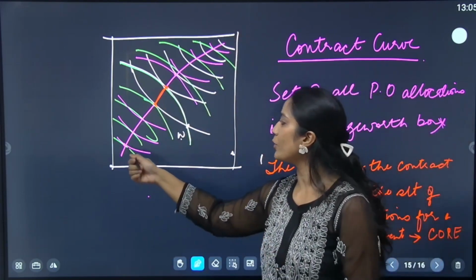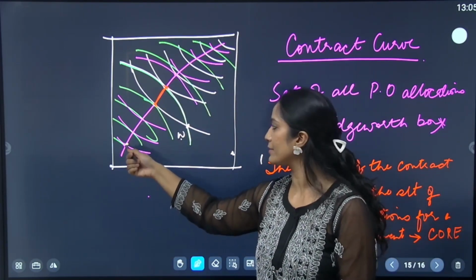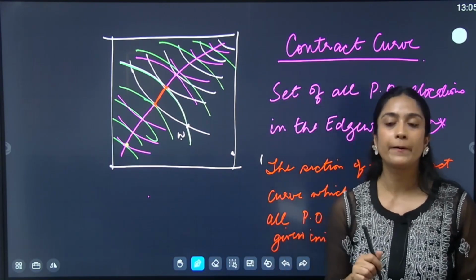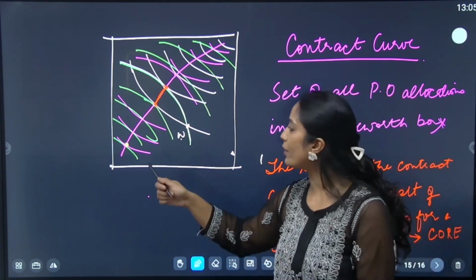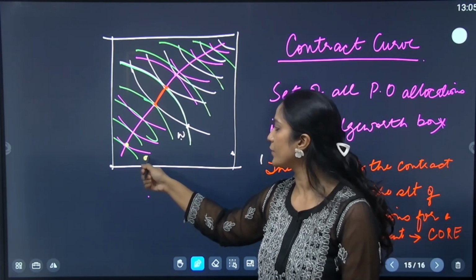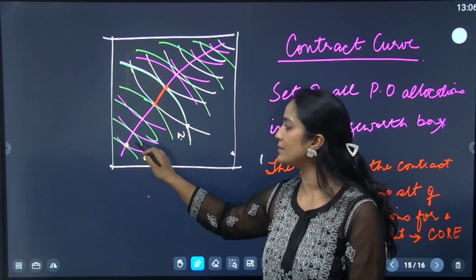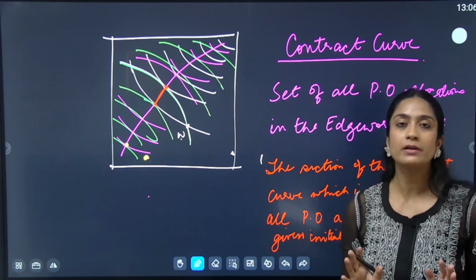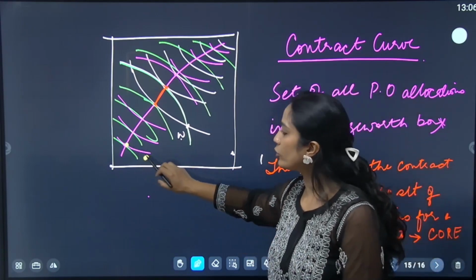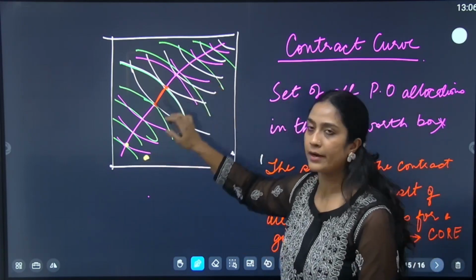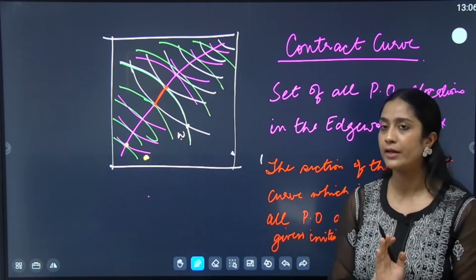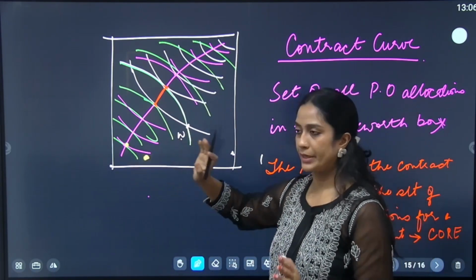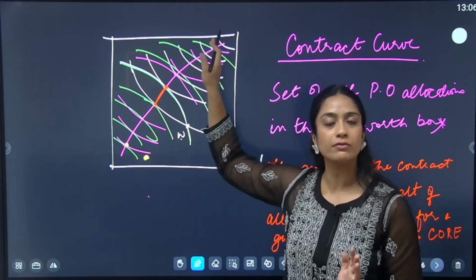Now look, if you have an intersection over here between the two ICs, you cannot have an intersection over here, because for an intersection over here, you will require the ICs to cross each other. तो ये पॉसिबल नहीं होगा, ठीक है. तो अगर यहाँ पे हो गया तो यहाँ पे नहीं होगा. ये इसी कर्व पे सारे परेटो ऑप्टिमल एलोकेशंस लाई करेंगे, because the tangencies will happen along this curve only.